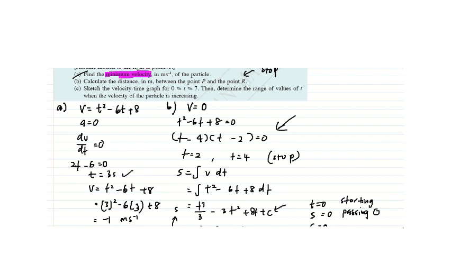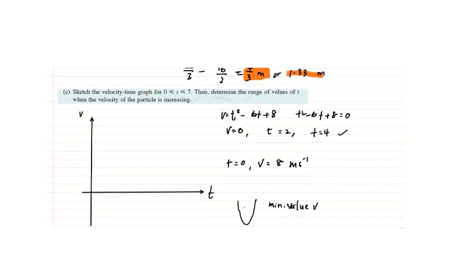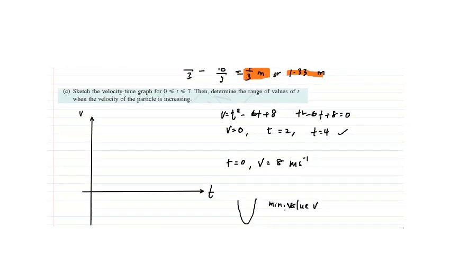In coordinate it is 3, negative 1. Here is coordinate 2, 0 and 4, 0. Here is coordinate 0, 8.